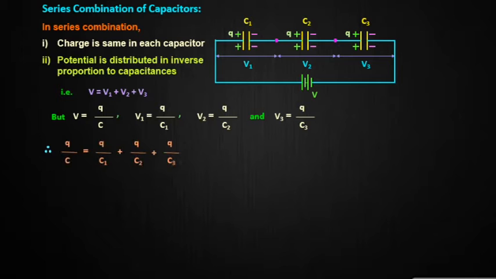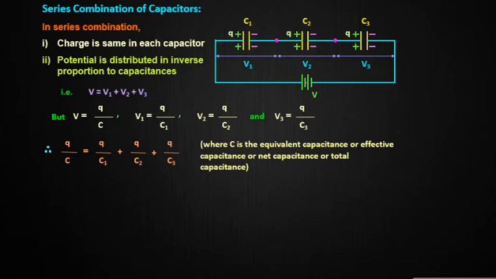Substituting these values, we get Q by C is equal to Q by C1 plus Q by C2 plus Q by C3, where C is the equivalent capacitance or effective capacitance or net capacitance or total capacitance.